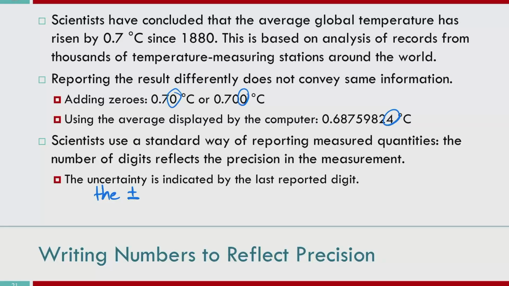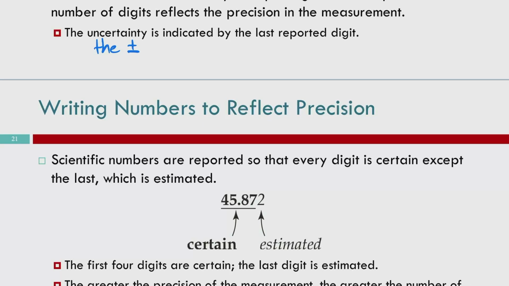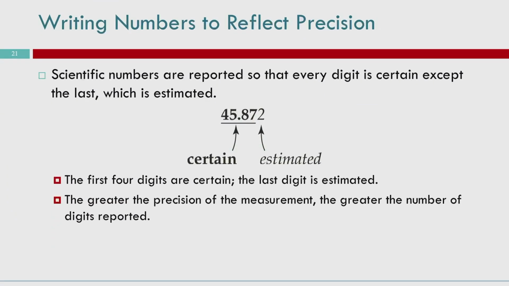That last digit, whatever the last number is, is never exactly that. It could be a little bit over, it could be a little bit under. Usually we don't know if it's one or the other. But it's always going to be baked into that last number. So our scientific numbers get reported so that every digit is certain except for the last.